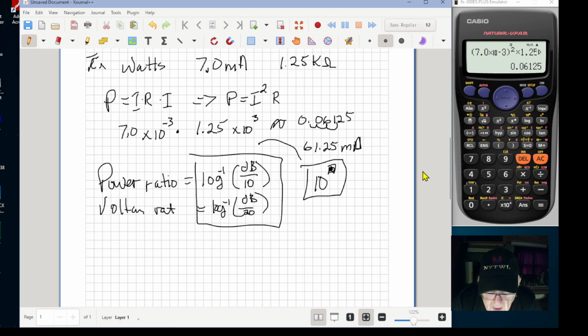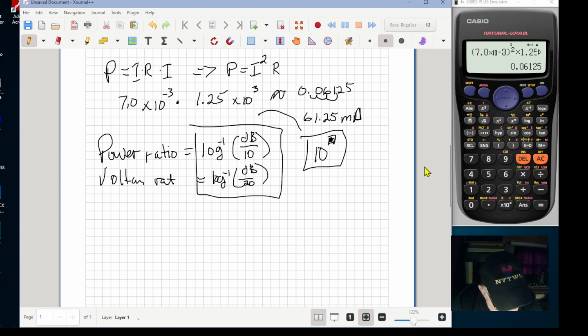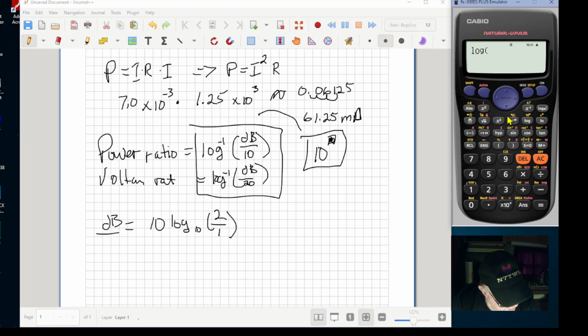They ask you if you double the power, what does the dB change, and there's no calculation. But there is a calculation. We can do dB equal to 10 times the log base 10 of 2 over 1. We can put that in the calculator with the log key. This is base 10. If it doesn't say what it is, it's base 10.